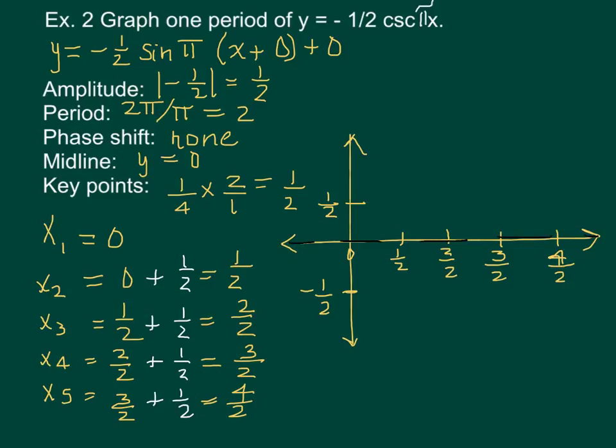And remember, for the cosecant curve, your first X is your asymptote. And then we would go up to 1/2, but since it's negative, we're going to go down. Your third one is an asymptote. And then you're going to go up to 1/2. And your last one is an asymptote.